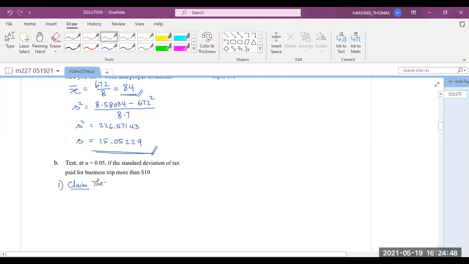The standard deviation of tax paid for business trip is more than $10.